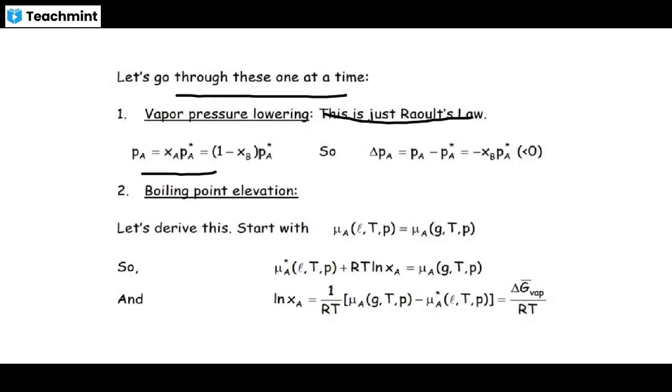If you do the mathematics, you get the answer. This is less than 0 because it is negative. Less than 0 means PA is lower than PA star, the pure value. That is the lowering, so that is the vapor pressure lowering. Boiling point elevation: from this relation you can derive the boiling point elevation.